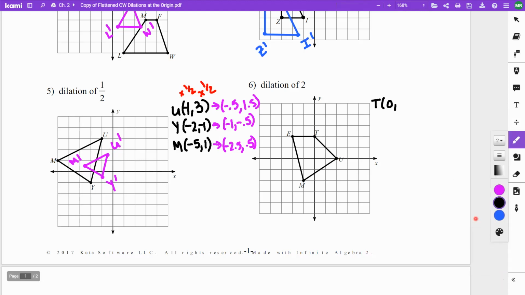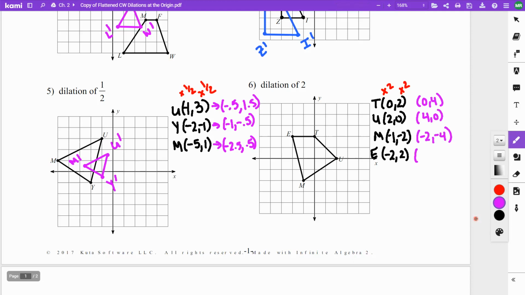On number 2, T is at 0, 2, U is at 2, 0, M is at -1, -2, and E is at -2, 2. And for each of these, we are doubling. And so I'm going to get 0, 4, 4, 0, -2, -4, -4, 4. And I'm going to plot those.